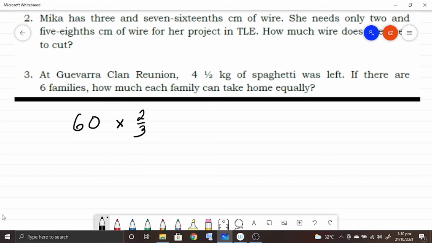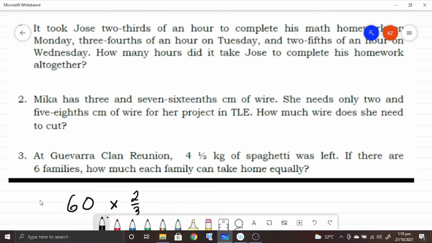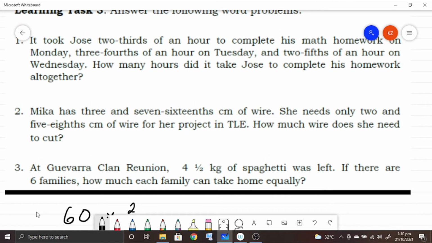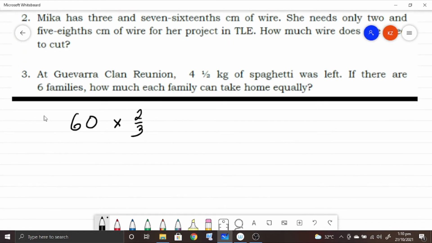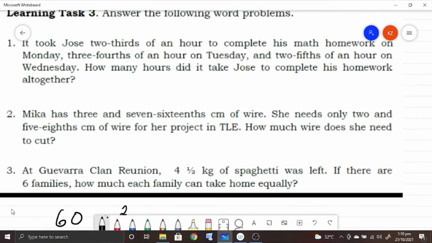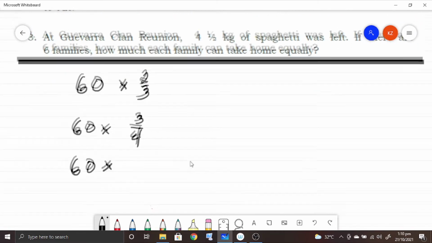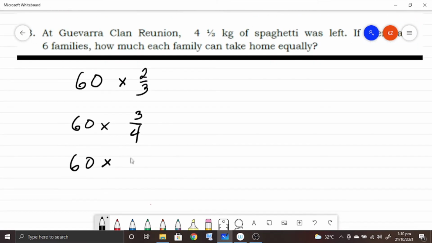And then, 3/4 of an hour on Tuesday. So, 3/4 on Tuesday. And then, Wednesday, ilan? 2/5 of an hour on Wednesday. Okay, so 2/5.